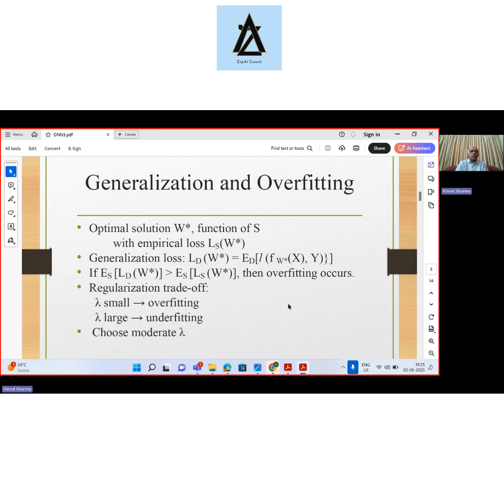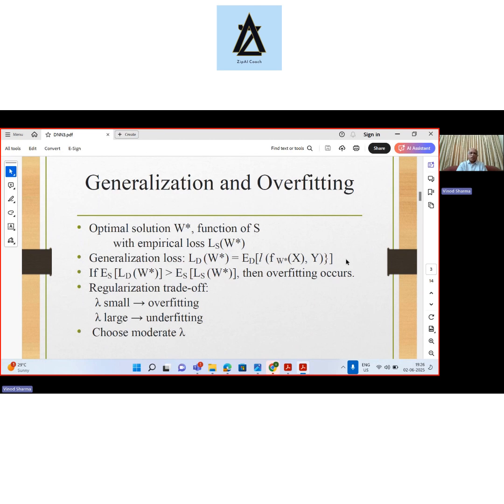Given this W star, it is of course going to be a function of the training sample S. The corresponding empirical loss for this W star we are going to denote as L_S(W*). The generalization loss we are denoting by L_D(W*). That is the expected value of the loss corresponding to W star, where the expectation is taken with respect to the distribution of (x, y), which we are denoting by D.